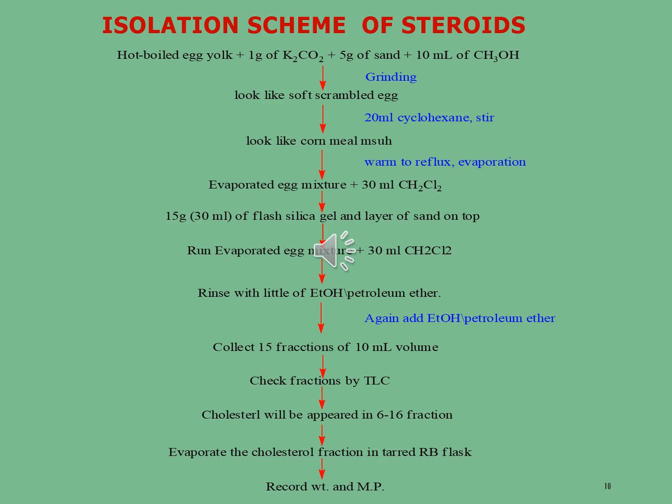After that, the cholesterol is identified with the help of a specific test for the confirmation of the steroid molecules. So, this is the specific method for the isolation, purification and identification of steroid natural products.